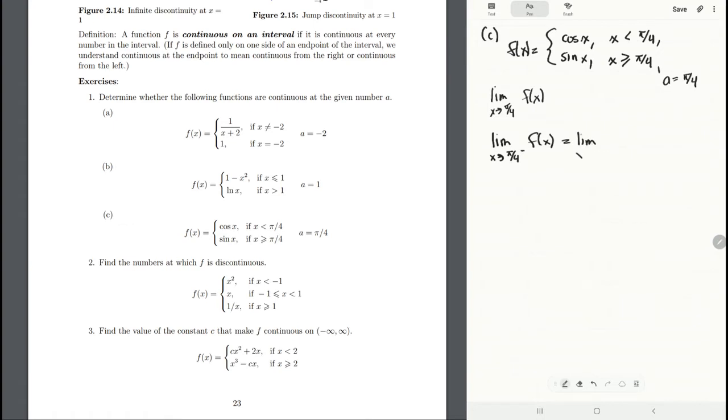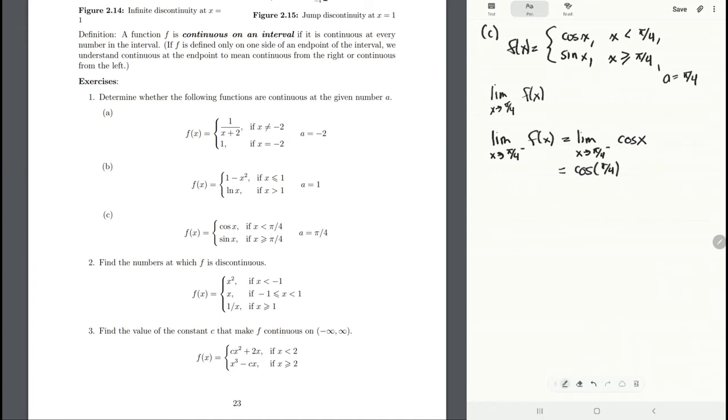So if we're approaching pi over 4 from the left, then x will be slightly smaller than pi over 4. And if x is smaller than pi over 4, then the function will be equal to the cosine of x. And so for the left-hand limit, our function is the cosine of x. Now we can take the limit. If we let x go to pi over 4, we get the cos of pi over 4.